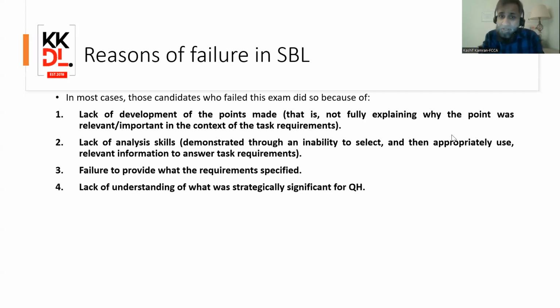Lack of understanding of what was strategically significant for QH. This is the December paper. So if a question is asking, explain why something is strategically significant for QH, then you have to explain that in the context of the organization given in the case study, or in the context of their decisions.